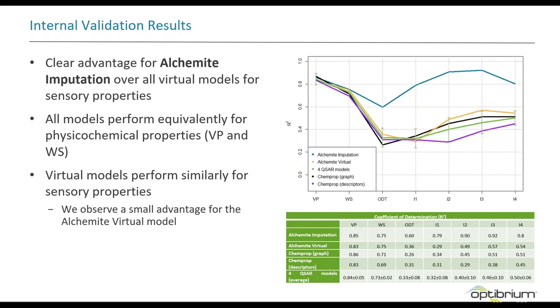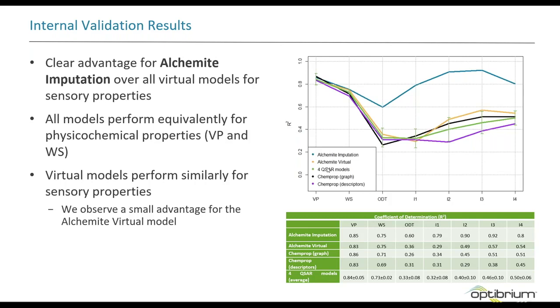The Chemprop in this case is a graph convolution neural network method that learns directly from the graph structure of the compounds, and it constructs its own molecular encodings that represent the features, the vector features of each compound, using the convolution centered on bonds. And so for comparison, we've also built Chemprop models using the same descriptors we used for the other models. So here we make a distinction between the Chemprop graph and the Chemprop descriptors.